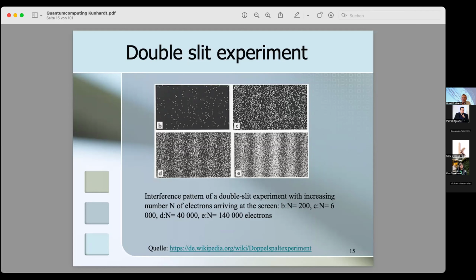So the picture above has 200 electrons, 6 electrons, and so on. In the last picture, we see directly the interference patterns of the electrons of this experiment.